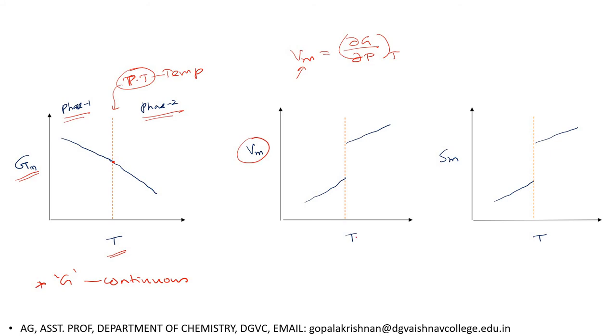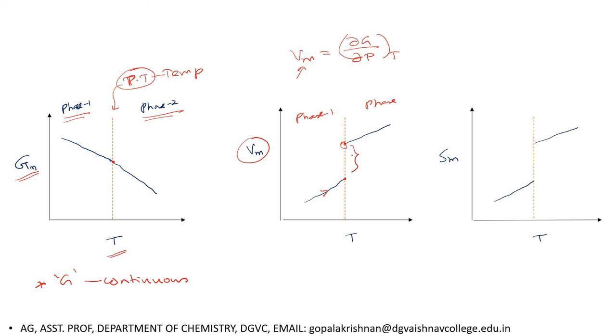If I plot molar volume versus temperature for the phase transition, this is phase 1 and this is phase 2. In phase 1, molar volume slightly increases, and at the phase transition temperature, or the equilibrium temperature, there is a discontinuity. Suddenly the value will increase. In phase 1 you have this much molar volume, whereas for the same amount of substance at the same temperature, the molar volume suddenly increases.